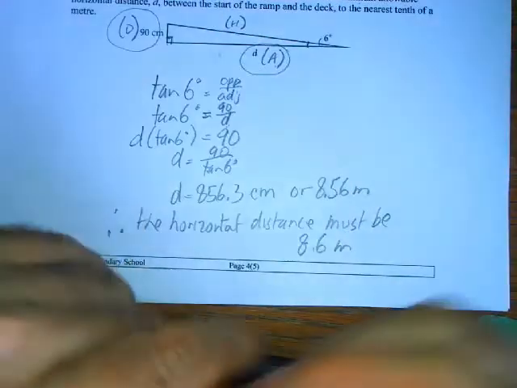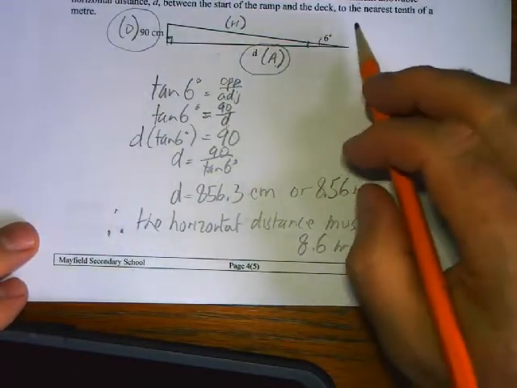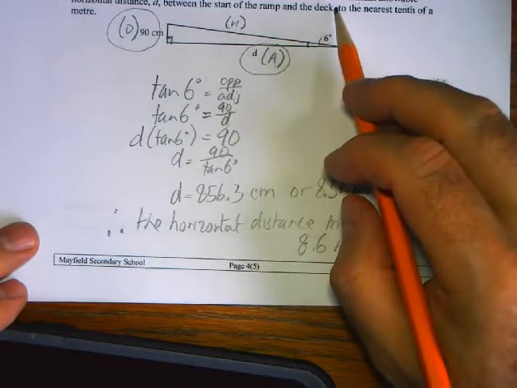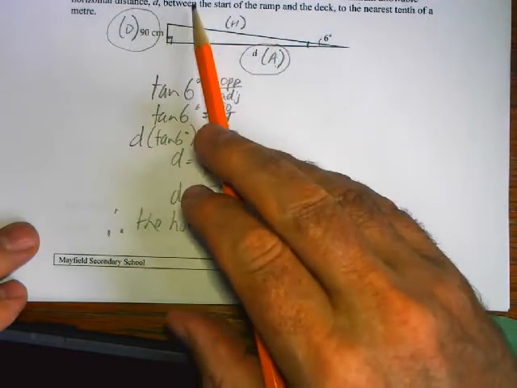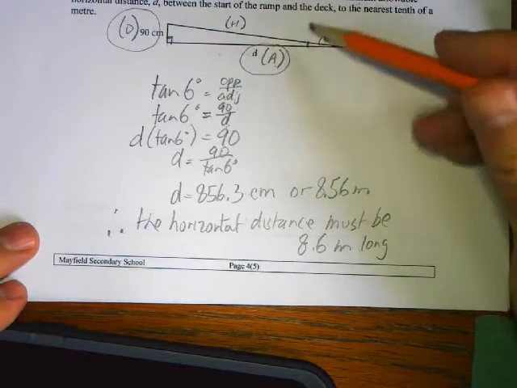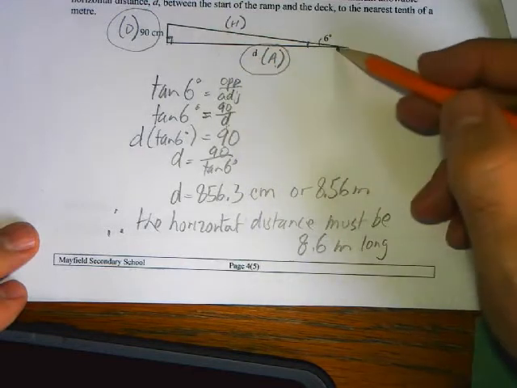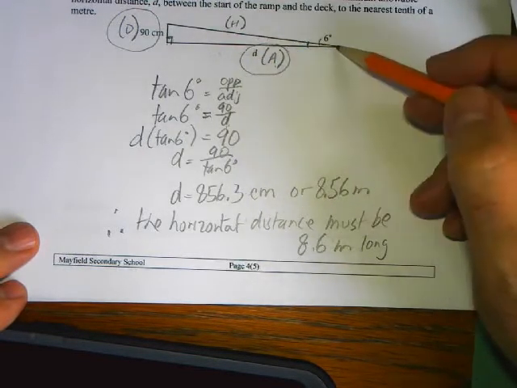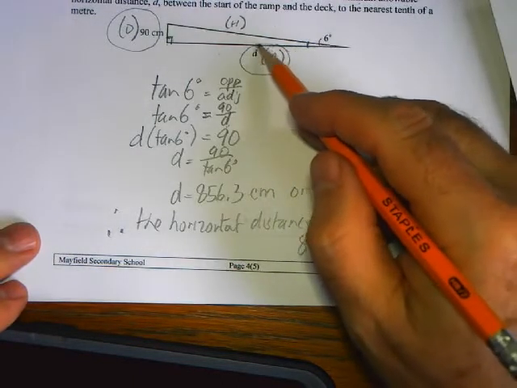Now the question was kind of a weird question. It said find the minimum allowable distance. So what's the smallest it can be? Because the question said the angle must be no greater than 6 degrees, right? So if the ramp is 8.6 long, that will make it exactly 6. If I made it shorter than 8.6, hopefully you can see as you move it closer and closer, that angle will get steeper and steeper.